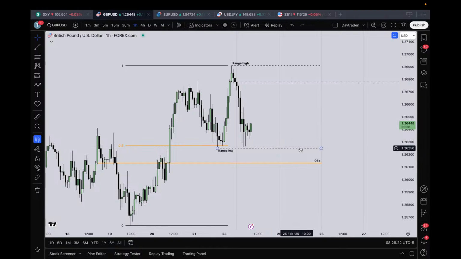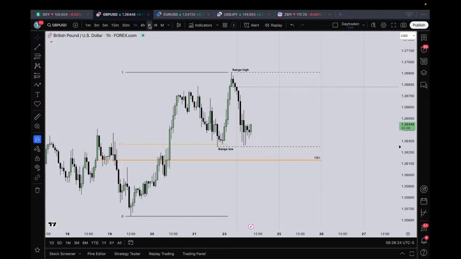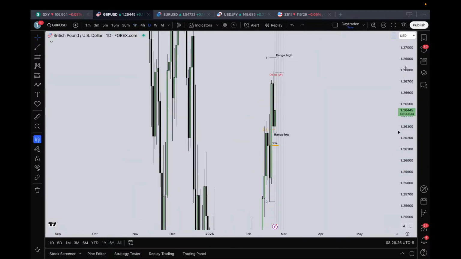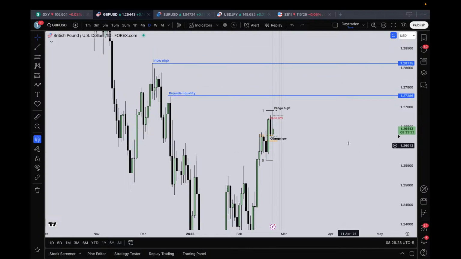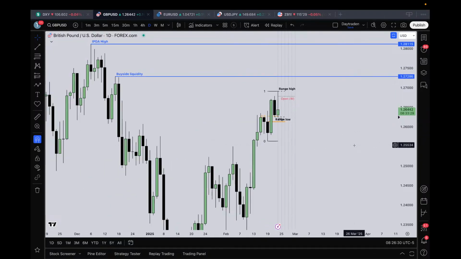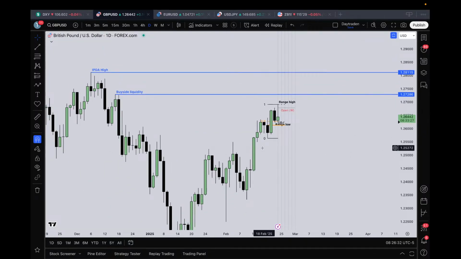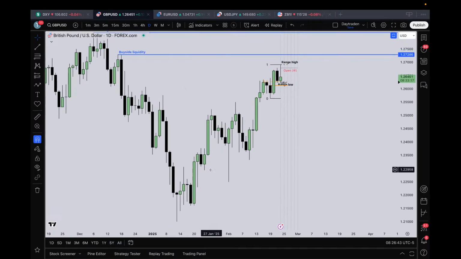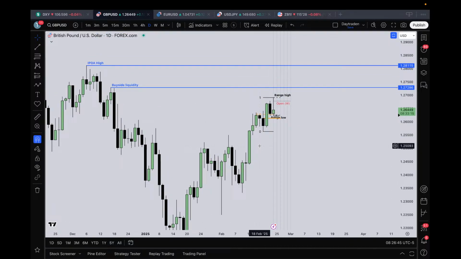Okay, then I'm just going to move on to the British pound, where you can actually see that the British pound overall for a longer period of time has actually been stronger compared to euro. Clearly bullish order flow, and we are still bullish overall.